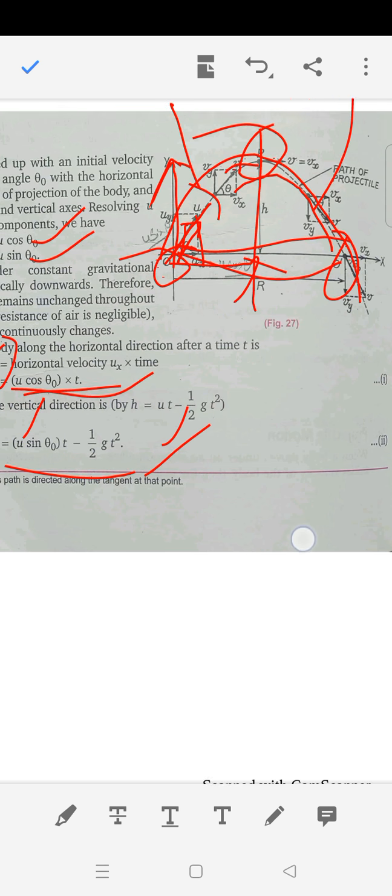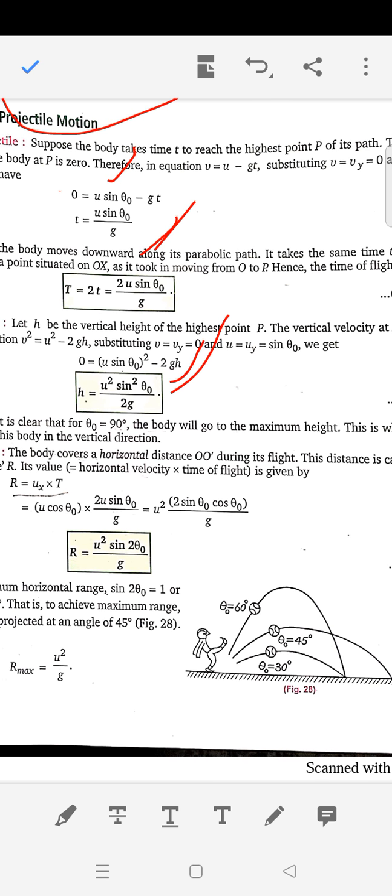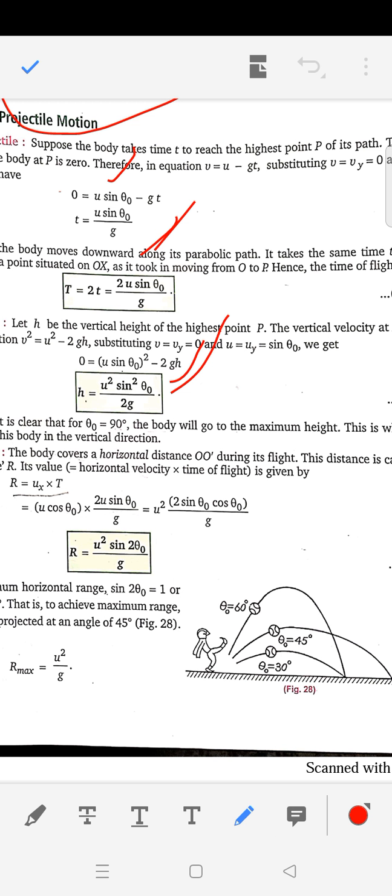The range is actually a displacement along the x-axis, and we know that along the x-axis there is no acceleration. So we can simply apply displacement equals velocity into time. The velocity is u cos theta, times t, and we get this formula for the range.